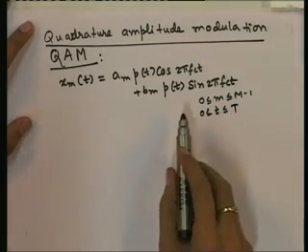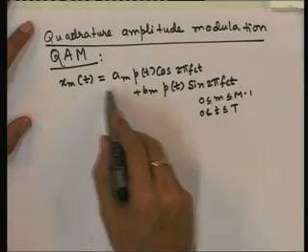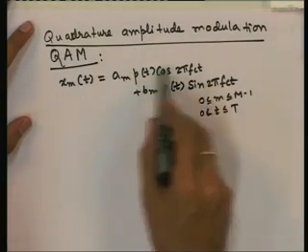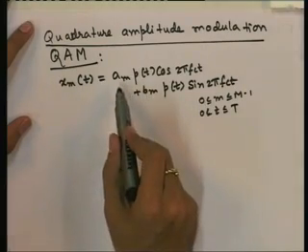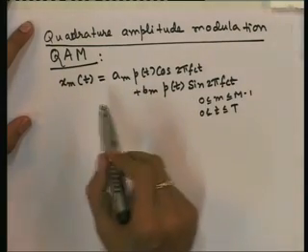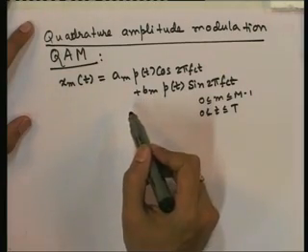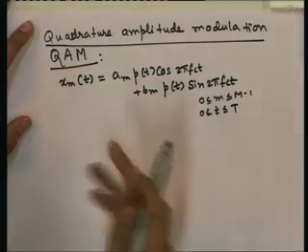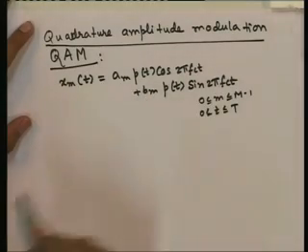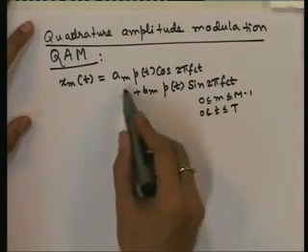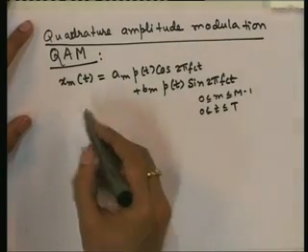Previously for the PSK modulation also we have seen that the modulated signal was of this type, but there was some relation between A_m and B_m. A_m was cos 2 pi by capital M times small m, and B_m was sin 2 pi by capital M times small m. So there was some relation. If I tell one, you can tell the other, but here this can be arbitrary. We can select those points.